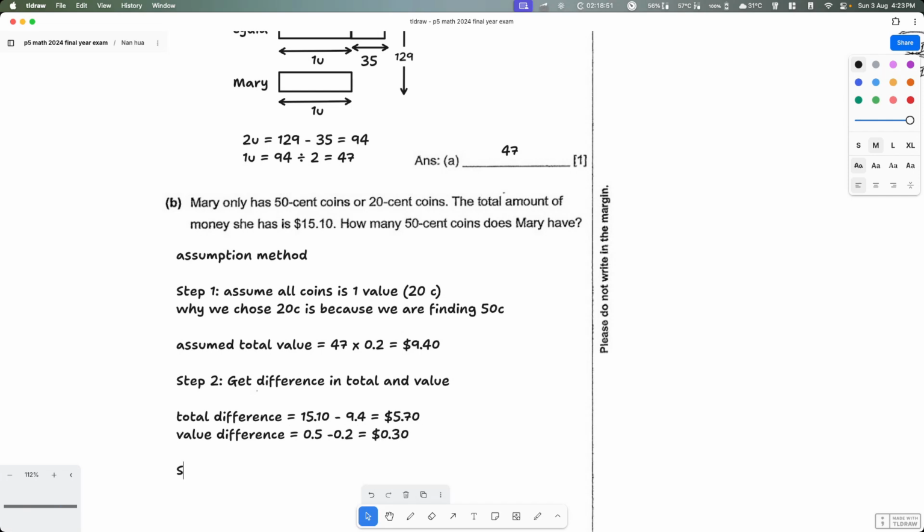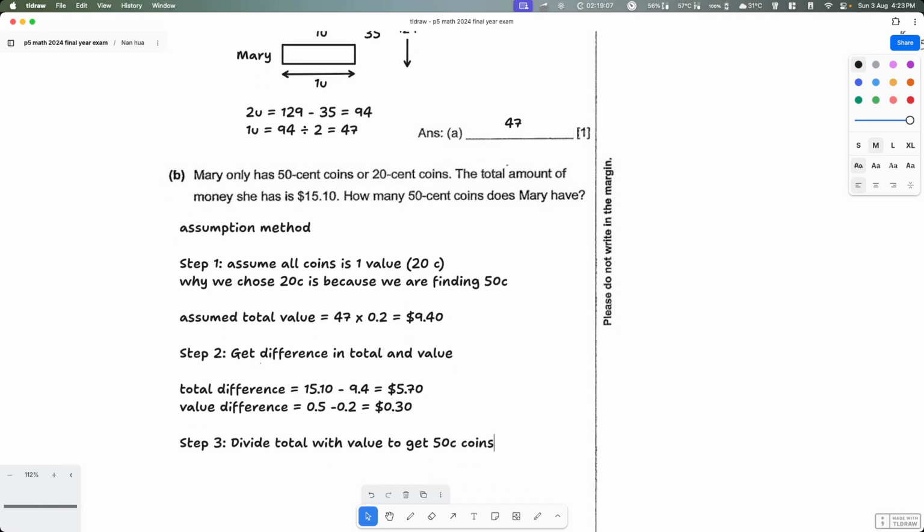Then step 3 is to divide the total difference by the value difference to get the number of 50-cent coins.